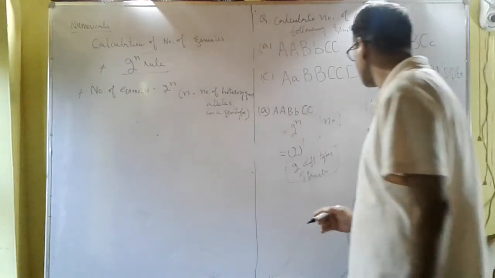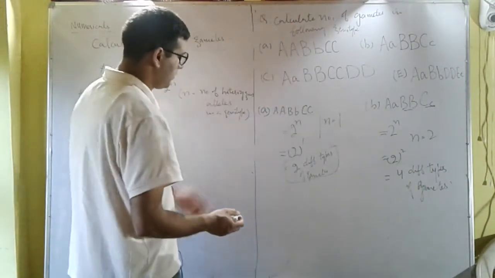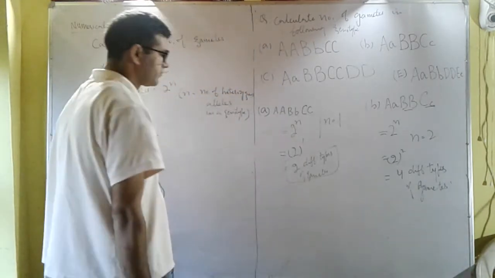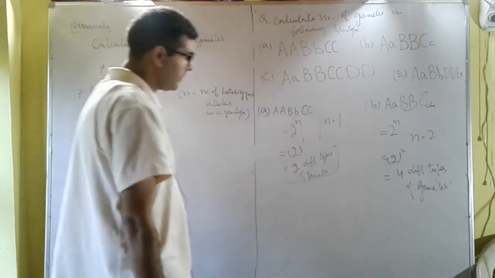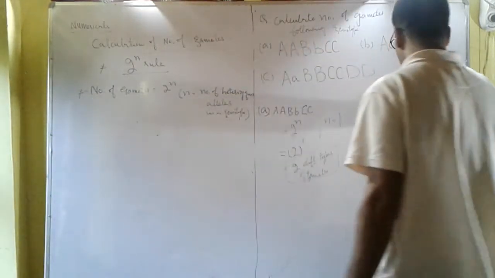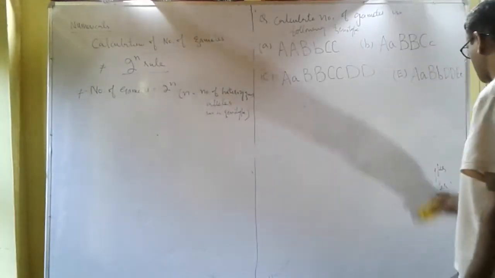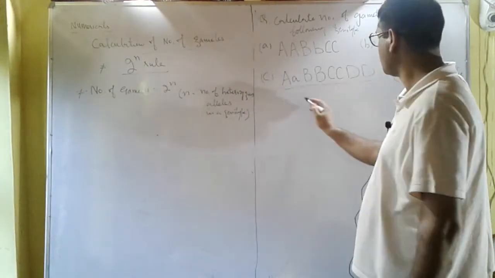Then we have another one, this one. In this condition, how many gametes are formed?